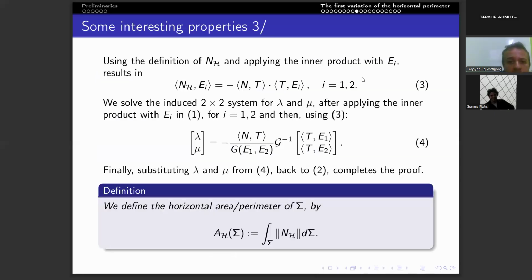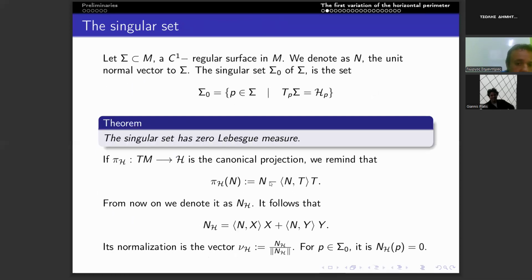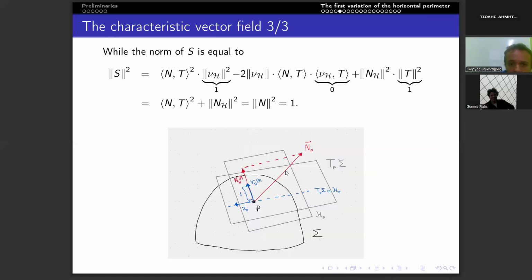Also, applying the inner product in the definition of H with each one of the vectors of the basis, we can see that the inner product of N with E1 and of N with E2 vanish, because E1 and E2 are tangent vectors.